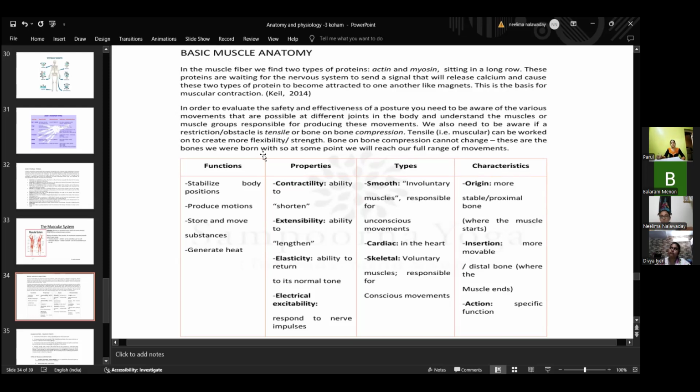So how does muscle contraction happen? Two proteins are responsible, actin and myosin. How does it happen? The nervous system sends a signal, and after that signal, calcium ions get released, and because of that, the actin and myosin get attracted towards each other.